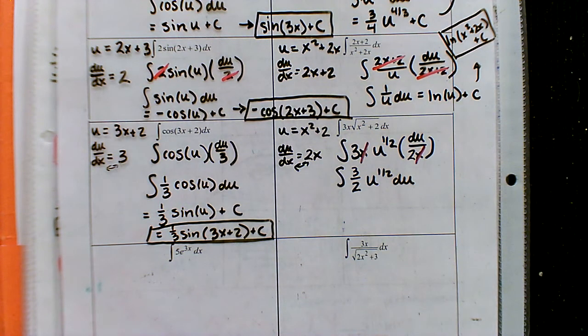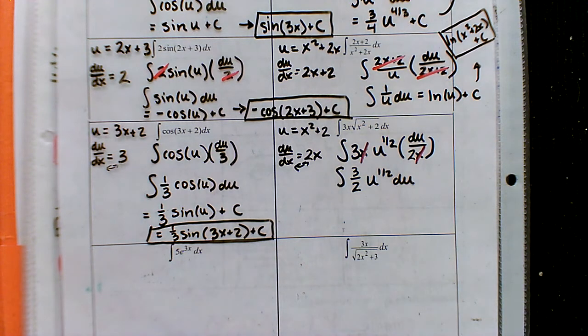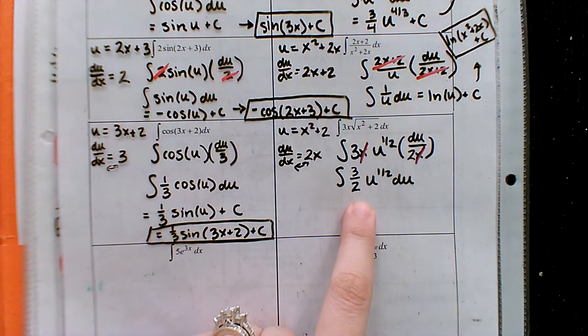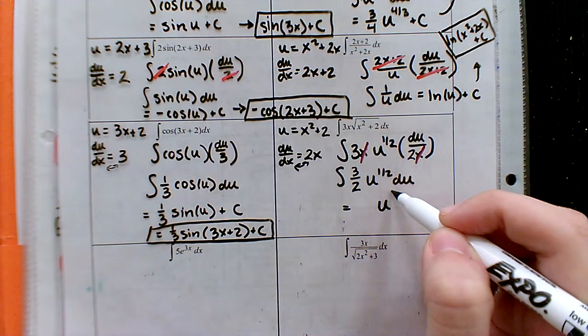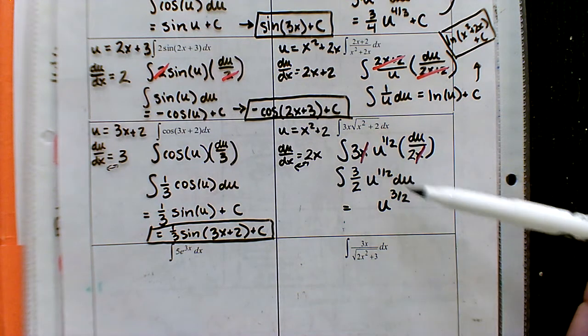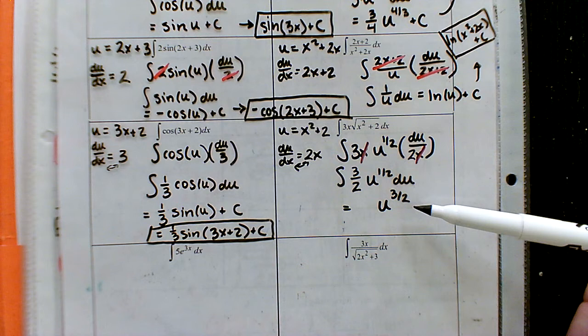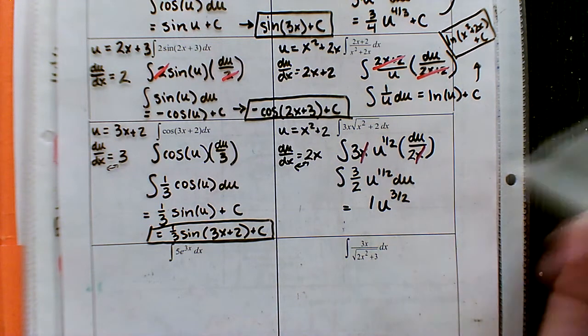So instead of having to work backwards from that complicated square root x integral, we now just have to work backwards from this simpler u integral. Can we do that? If you add 1 to the power, we'll get 3 over 2, and then divide the coefficient by that new power. 3 over 2 divided by 3 over 2 is just 1.